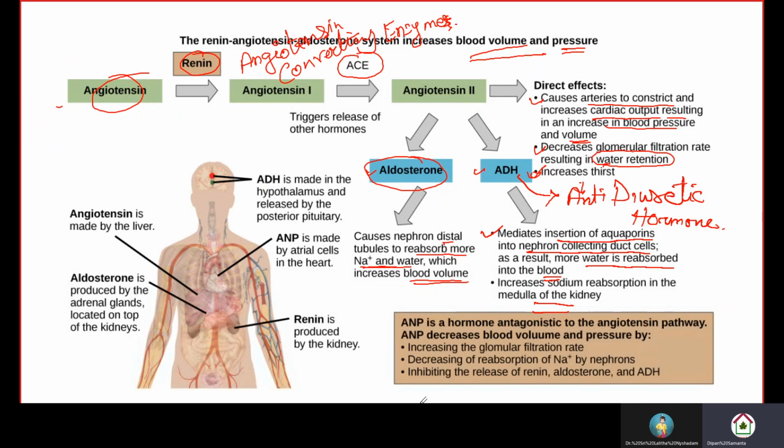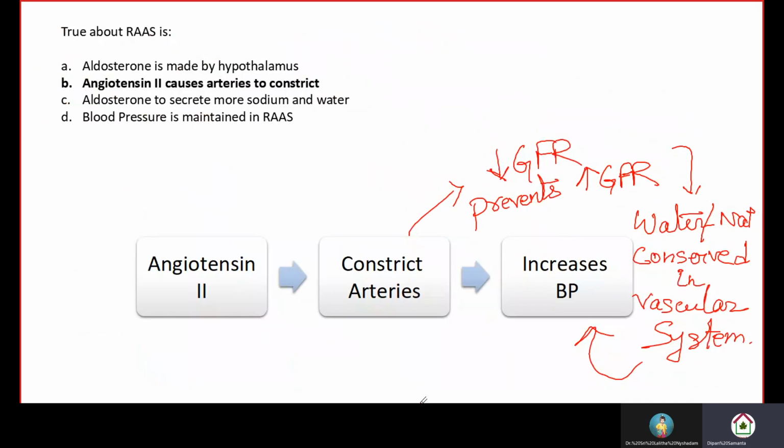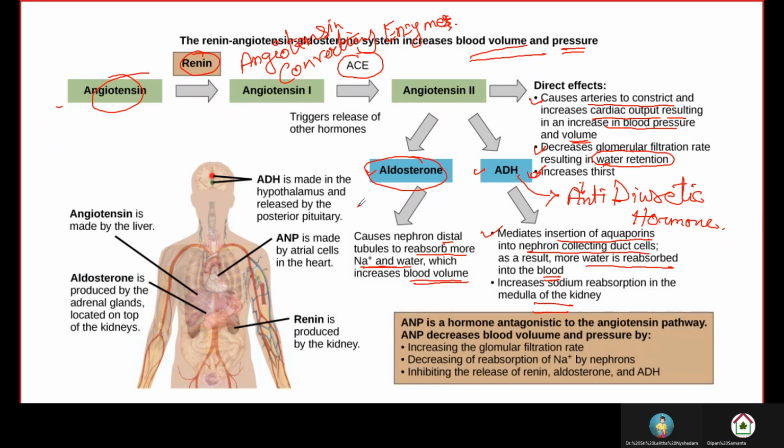In fact, the whole RAS system is opposite to diuresis. It increases the amount of water and sodium. It conserves water and sodium in the circulatory system.